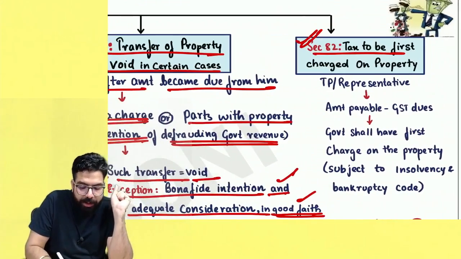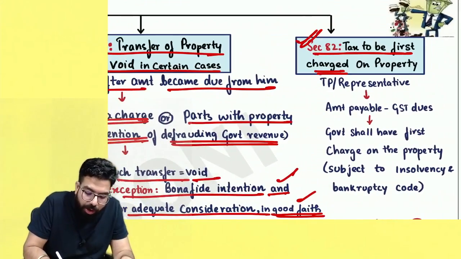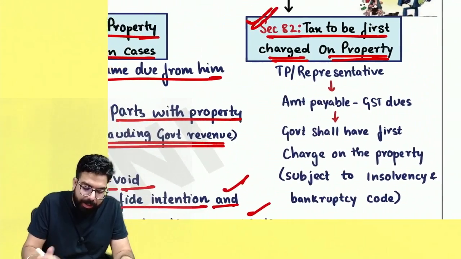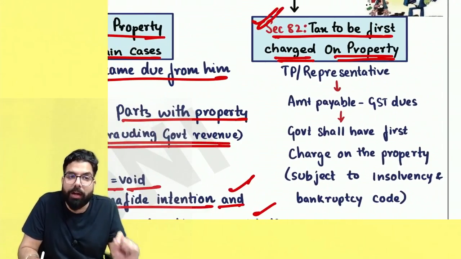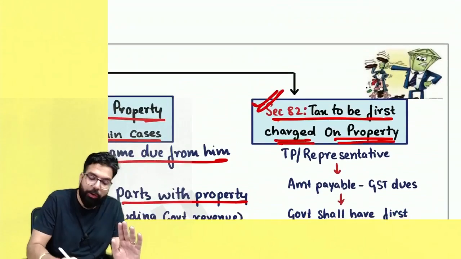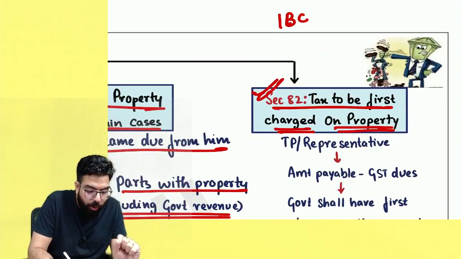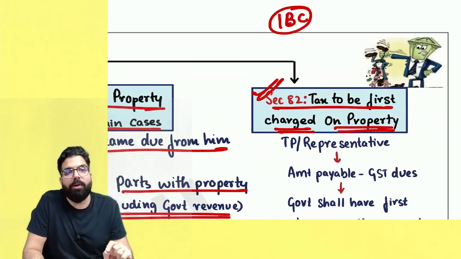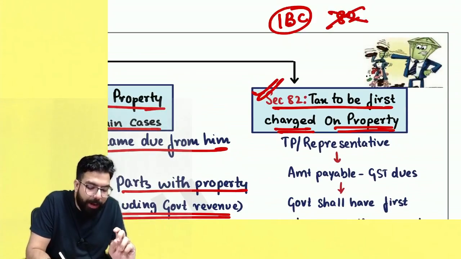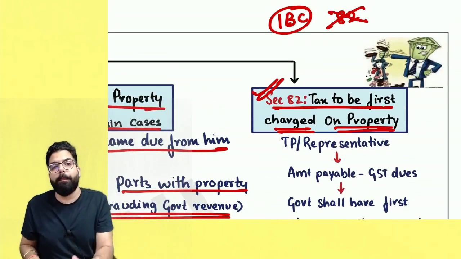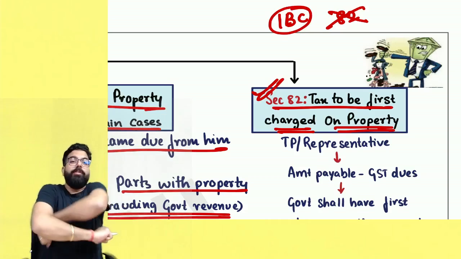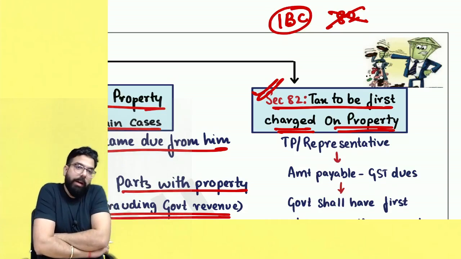Section number 82 goes ahead and says tax to be first charged on the property. They are telling that tax will always be charged first on the property. It means subject to the Insolvency and Bankruptcy Code. If IBC is applicable on a company, then section number 82 will not be applicable. But if IBC is not applicable on a company, section number 82 says the GST department will stand first and recover its due.